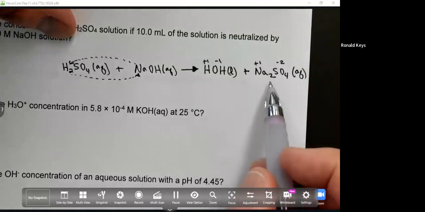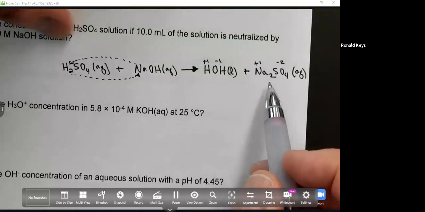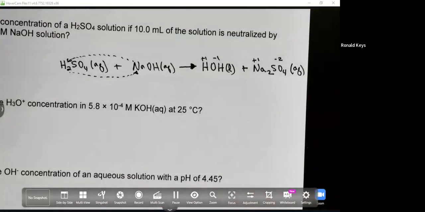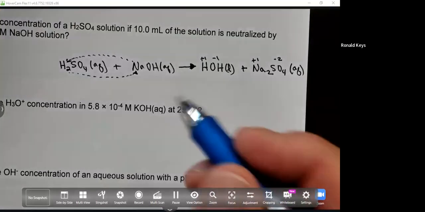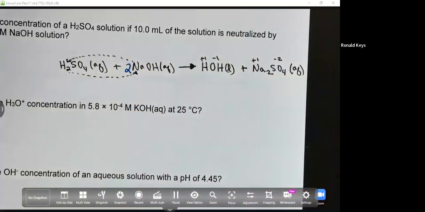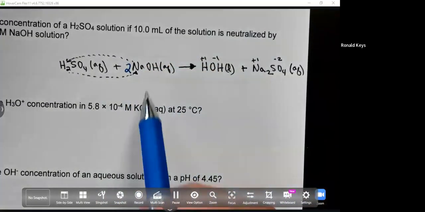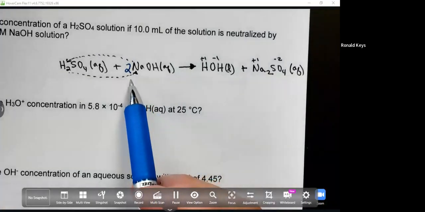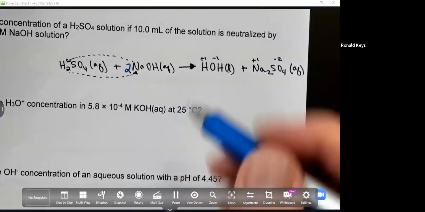So we'd have sodium sulfate like this. And then we would balance this right here. What else would we need? We've got 4. We would need a 2.